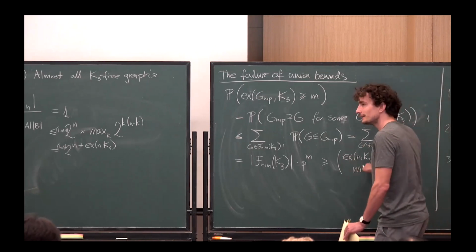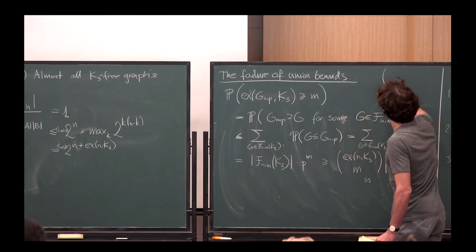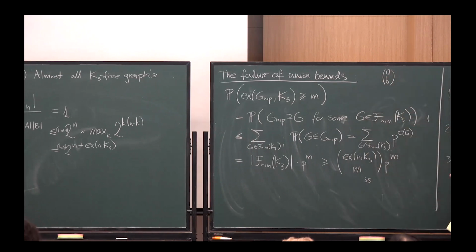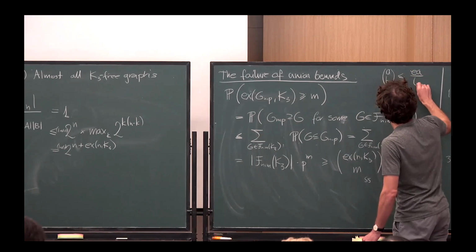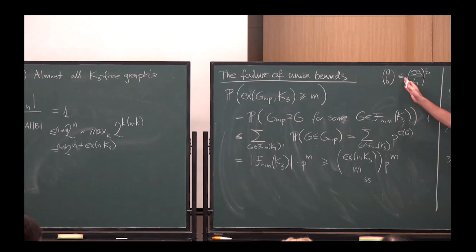But this binomial coefficient, one of the great inequalities in combinatorics, is this inequality: A choose B is bounded from above by (eA over B) to the B. And in fact, if B is much smaller than A, then this is pretty close to the truth.